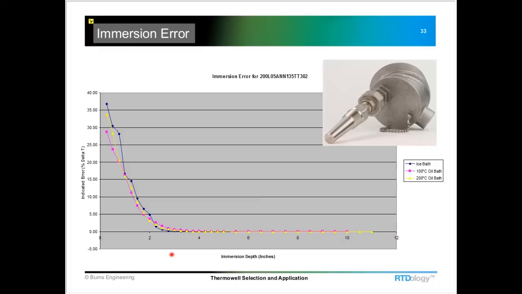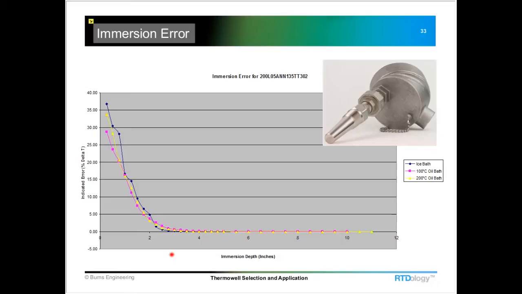We get about 3 degrees C of error there, so 3% of 100 degrees. Let me back up. 20 degrees C, so it's 3% of 80 degrees C. That delta T difference is our error, so it's about 2 degrees C, which for some processes can be pretty significant.